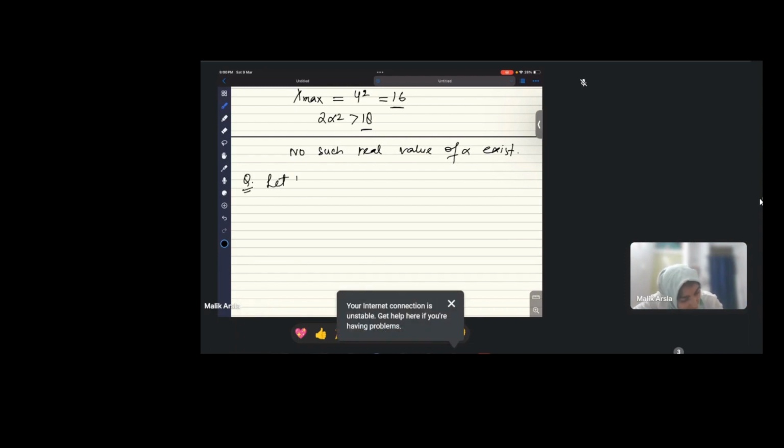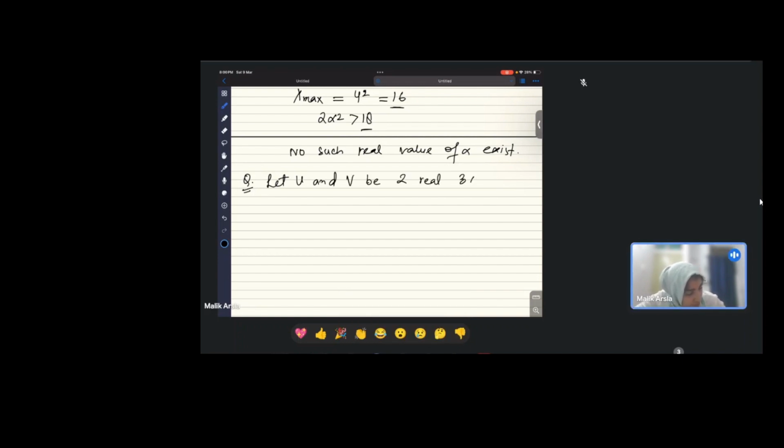Again, let U and V be two real 3 cross 3 orthogonal matrices.